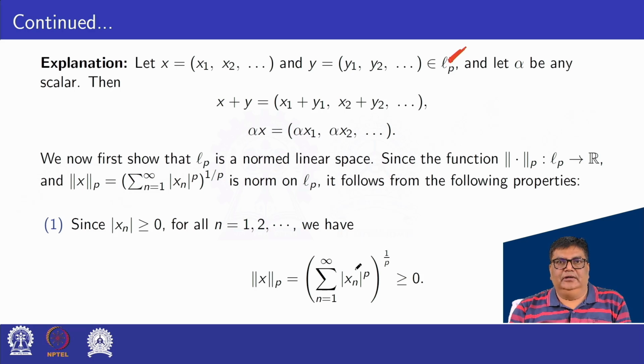First, since here we have summation of mod xn power p, and we know that the modulus value of any point xn is always non-negative, that is mod xn greater than or equal to 0, the norm defined as the summation of mod xn power p from n equal to 1 to infinity is also greater than or equal to 0. Hence we can say that norm x p is greater than or equal to 0. The first condition is satisfied.